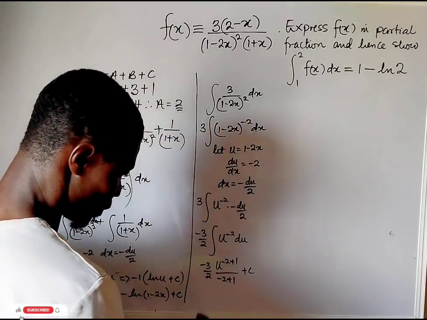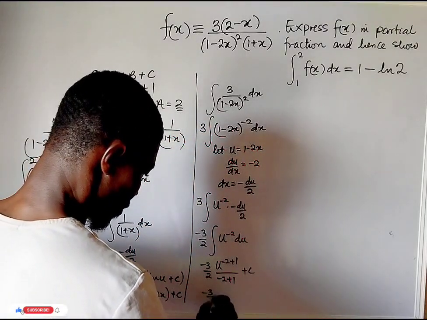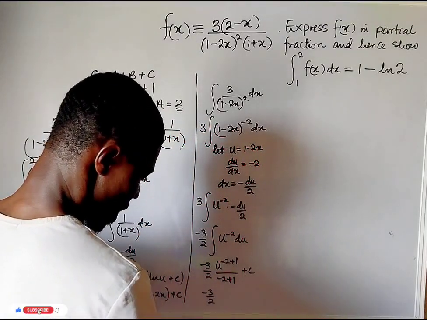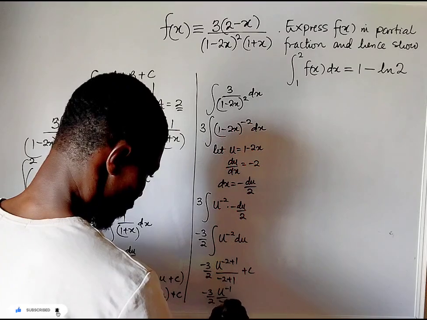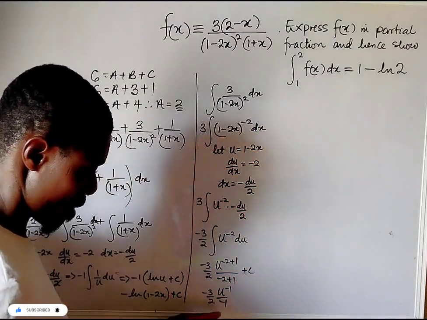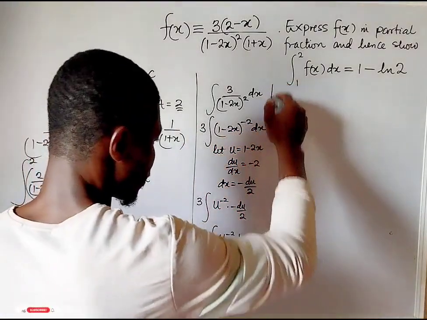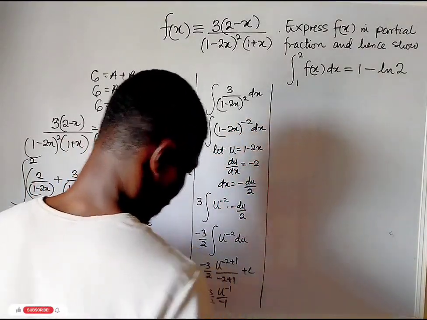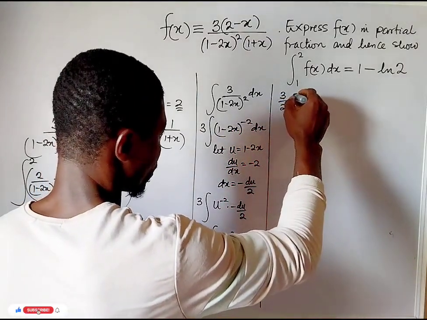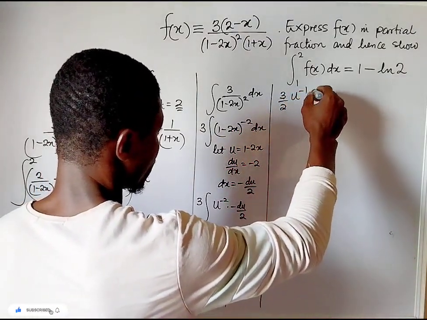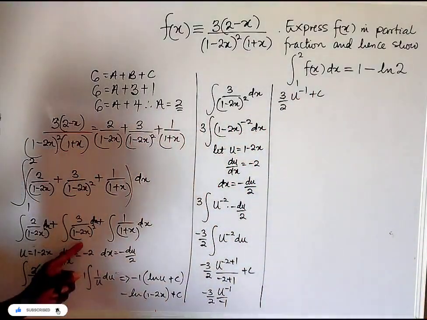Now this will give us minus 3 all over 2, times u raised to the power of minus 1 all over minus 1. Now minus will multiply this one. Now we have 3 all over 2 u raised to the power of minus 1 plus c. Okay, and that's for this.